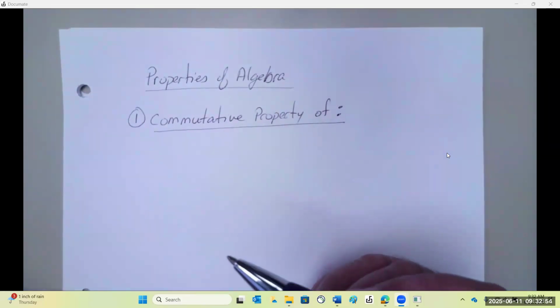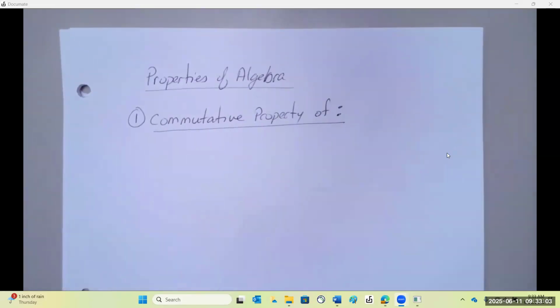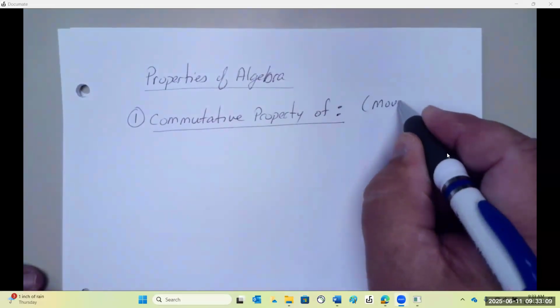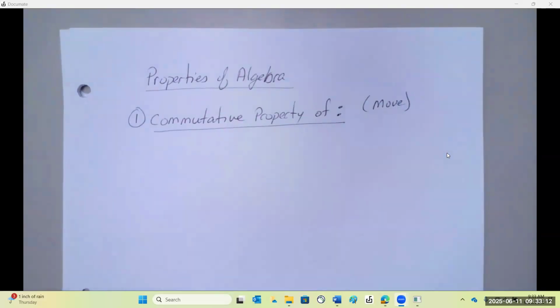What does to commute mean? To move, yeah, to go, to move. You commuted from home to school. This means to move. This property deals with moving.